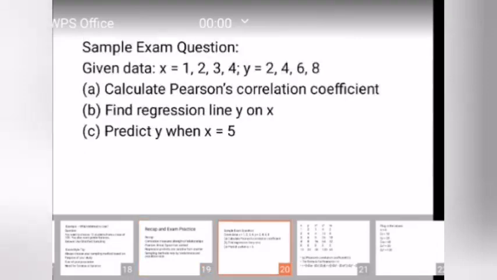So using a sample exam question: given data x is 1, 2, 3, 4 and y is 2, 4, 6, 8, calculate the Pearson's correlation coefficient, find the regression line y on x, and predict y when x is equal to 5.